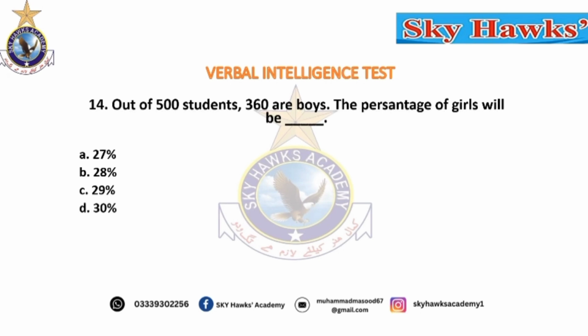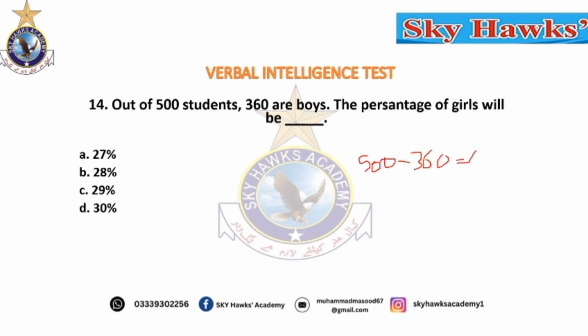500, right? So to find the percentage of girls out of 500 students, we need to subtract the number of boys from the total number of students. Out of 500 students there are 360 boys, so 500 minus 360 gives us 140.